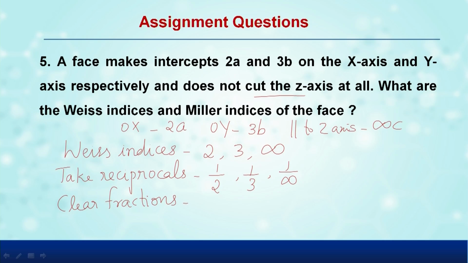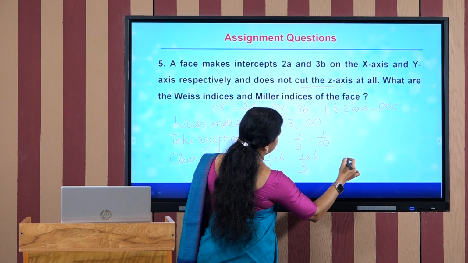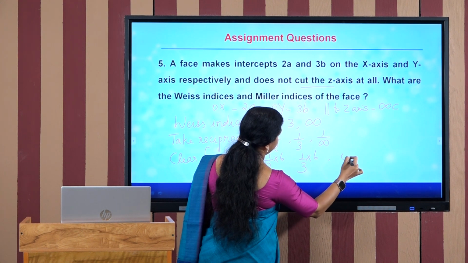So, multiply with the smallest common number. On the denominator we have 2 and 3, so 6 will be a suitable choice. So, if we multiply each fraction with 6, 1 by 3 into 6, and here it is 1 by infinity, which is actually 0.